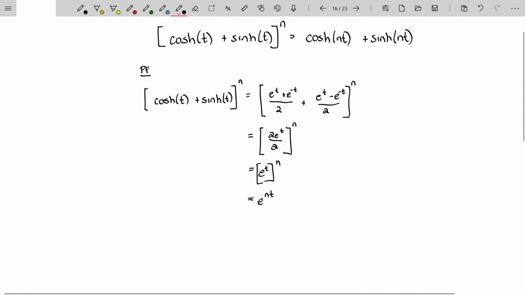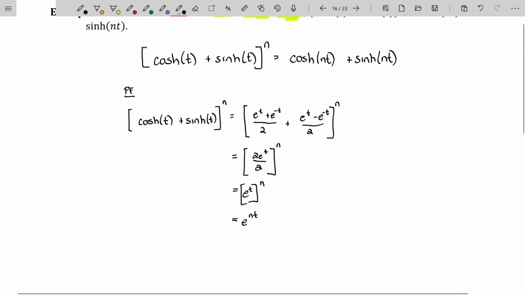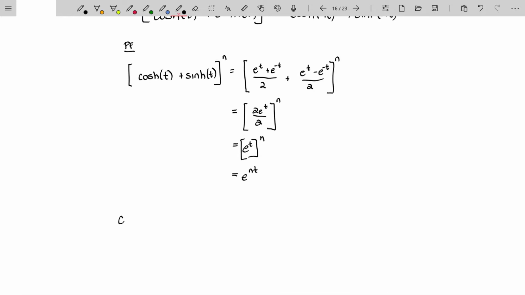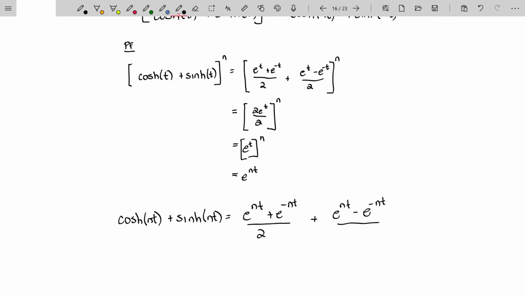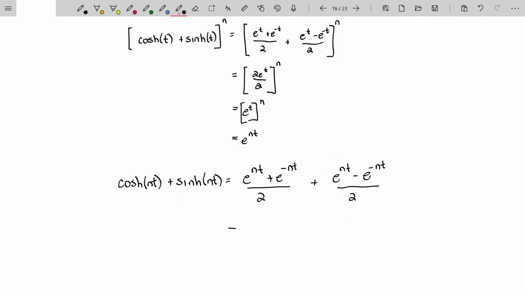Now, we want to arrive at the cosh of nt plus the sinh of nt. Well, that you can do off to the side here. Cosh of nt plus sinh of nt. Well, that's equal to e to the nt plus e to the negative nt over 2. That's cosh. Plus sinh, e to the nt minus e to the negative nt, again over 2. They're all over 2. Add their numerators.